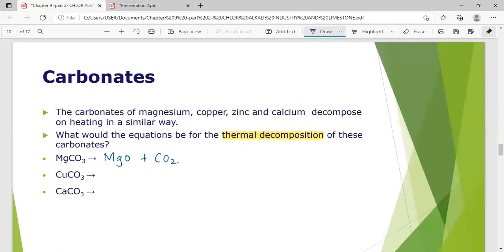Copper carbonate gives copper oxide and carbon dioxide. Calcium carbonate gives calcium oxide and carbon dioxide. Now, who can remember the color of copper carbonate? In chapter 8, I showed you a video of the decomposition of copper carbonate.